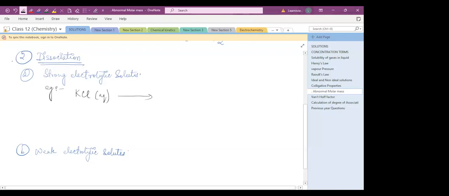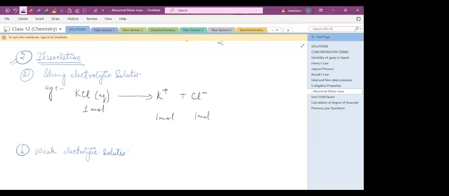It's a case of dissociation, so this KCl will dissociate to form K plus and Cl minus ions. So 1 mole of KCl forms 1 mole of K plus ion and 1 mole of Cl minus ion. So you can see over here the number of particles of the solute in the solution is exactly the multiple of the number of ions which is present in 1 mole of solute.